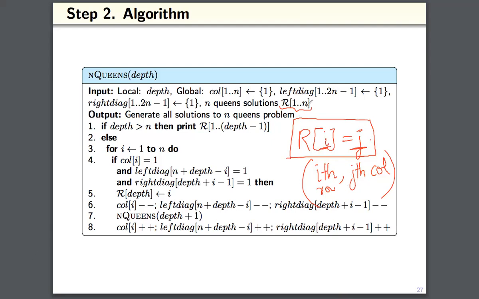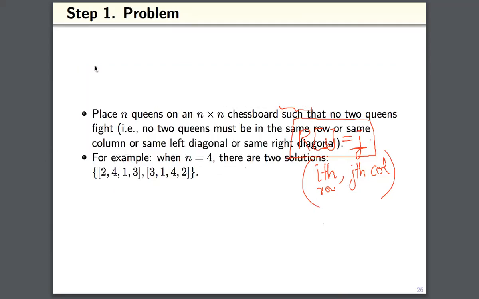So R of 1 to n will be like the previous example we saw: 2, 4, 1, 3. That means first row, second column; second row, fourth column; third row, first column; fourth row, third column. So that will be one solution, and so on.